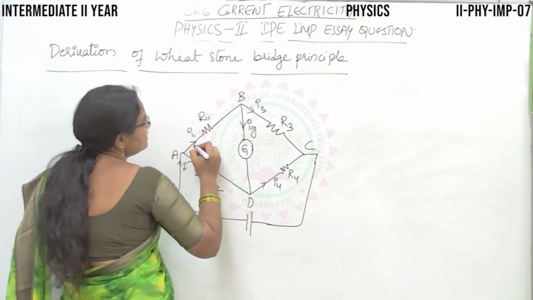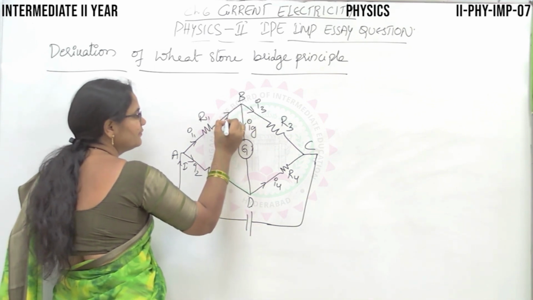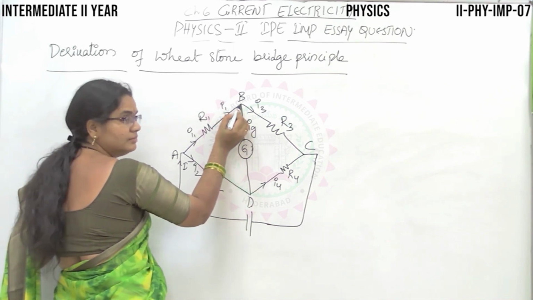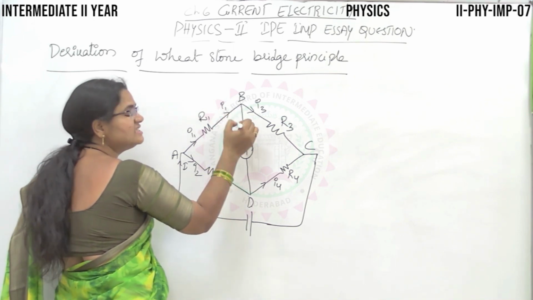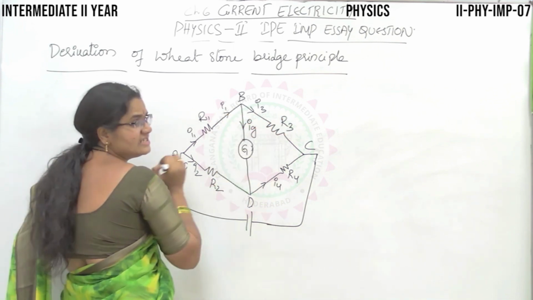And I1, after flowing through the arm AB, reaches the node B, and at B again it gets divided into 2 parts, that is I3 and Ig.